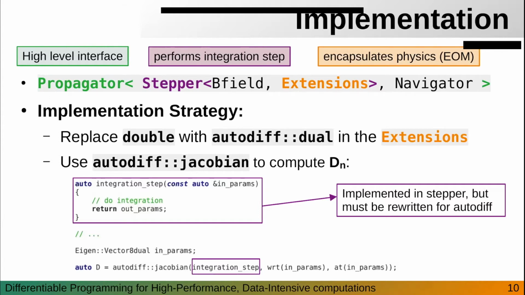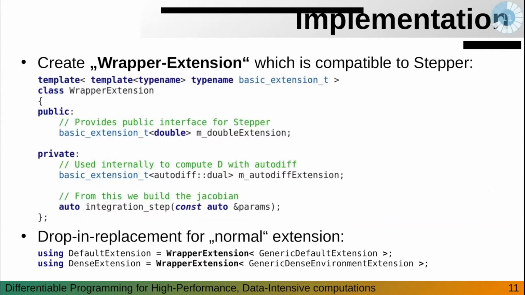How is this then actually implemented? Here we chose to create a kind of wrapper extension, which we can equip with a basic extension as a template parameter, a template parameter which itself is a template again. This wrapper extension internally holds two instantiations of it, one with double, one with Autodiv dual.